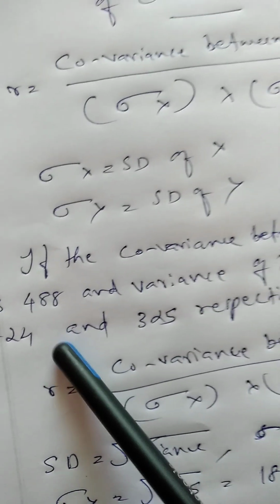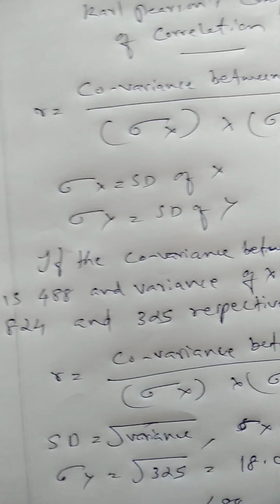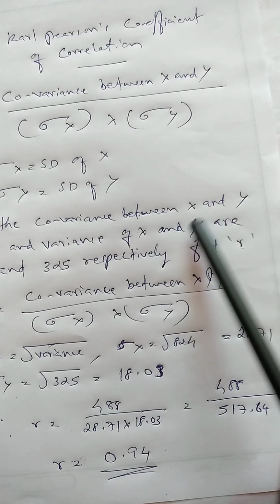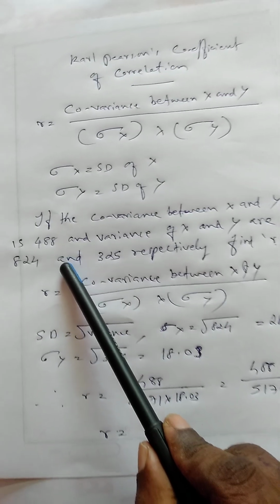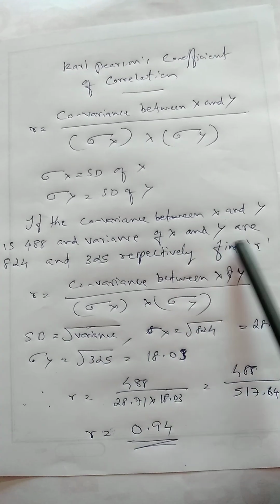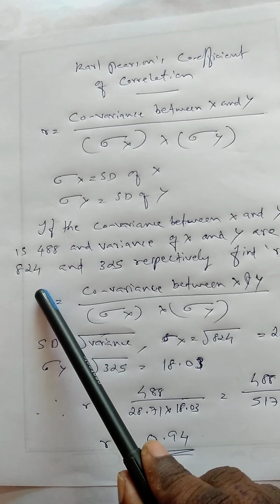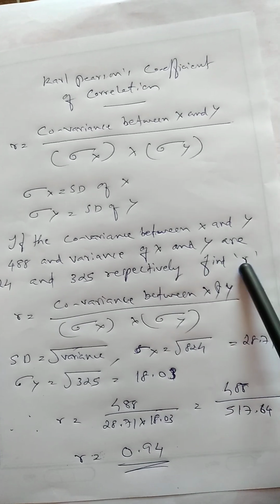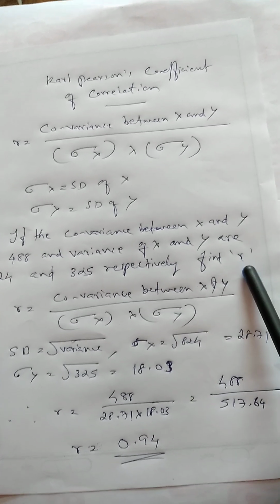It looks like this. Here is a question. Look at this. If the covariance between x and y is 488 and variance of x and y are 824 and 325 respectively, find R. R means Karl Pearson's coefficient of correlation.